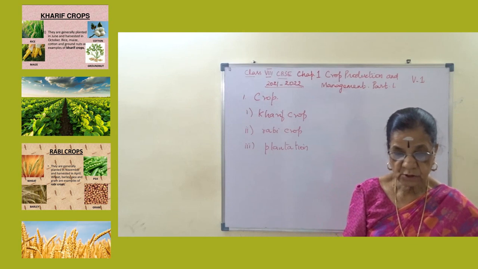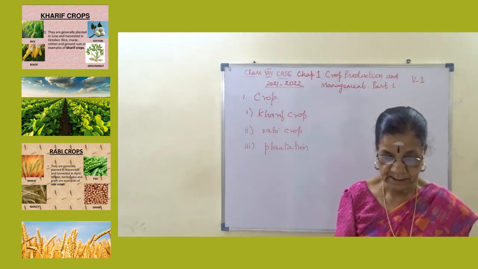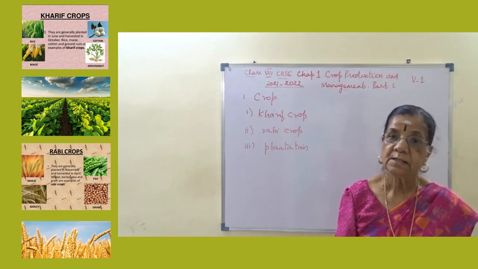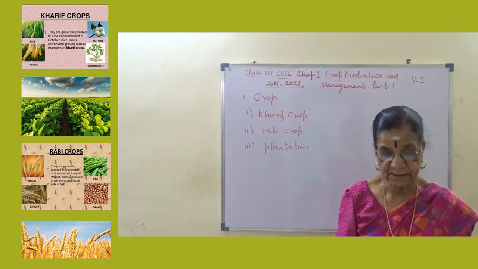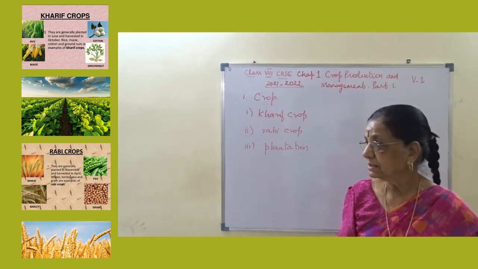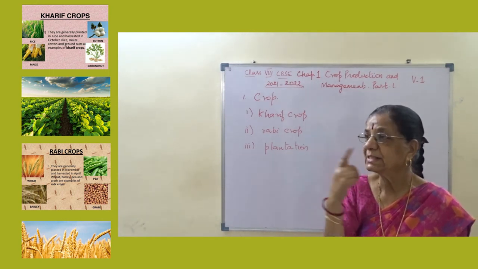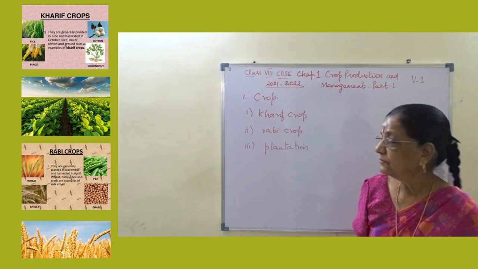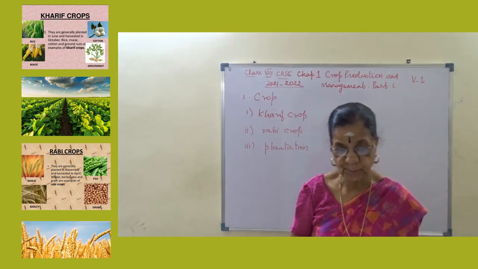Accordingly, the variety of crops grown in different parts of the country is also different. Put another way, this is diversity. Now this diversity we have as kharif crop and rabi crop.